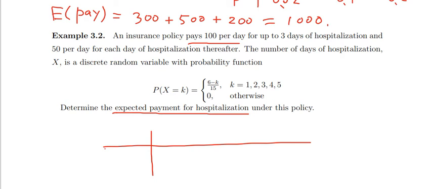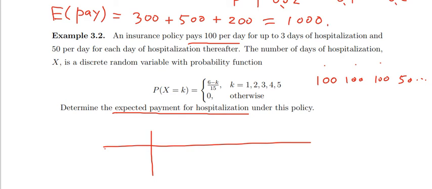So this is just like that: first day 100, 100, 100. So first day, second day, third day, then 50, 50, 50. Like that, right?